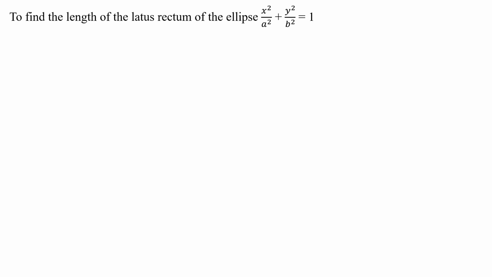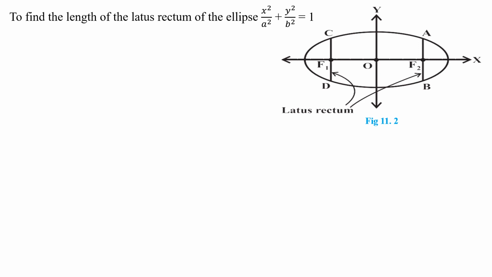Yes, 4a is the length of the latus rectum of the parabola y square is equal to 4ax. Similarly, let us find the length of the latus rectum of the ellipse x square by a square plus y square by b square is equal to 1.